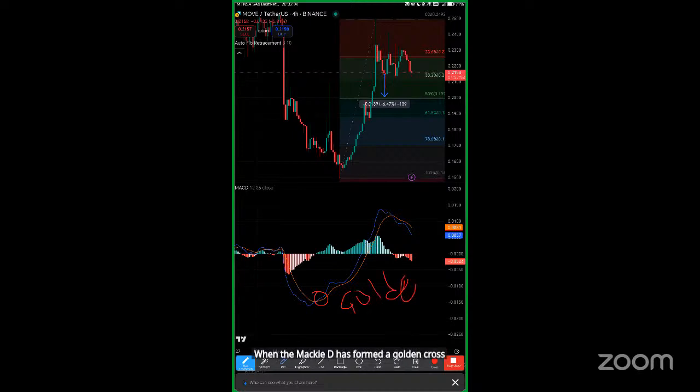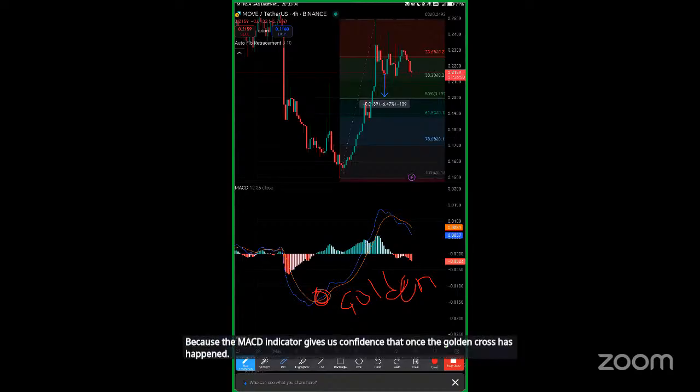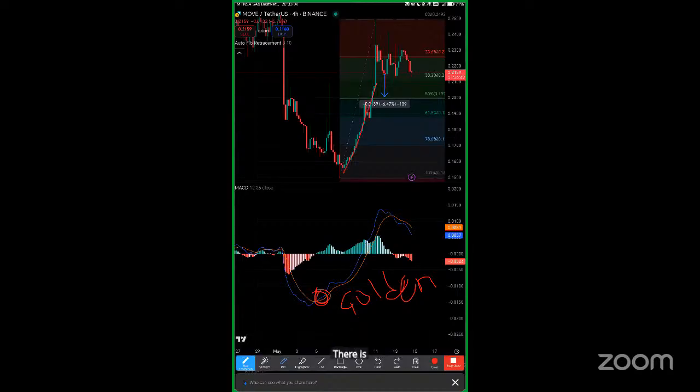Why? Because the MACD indicator gives us confidence that once the golden cross has happened, there is a rise in price.